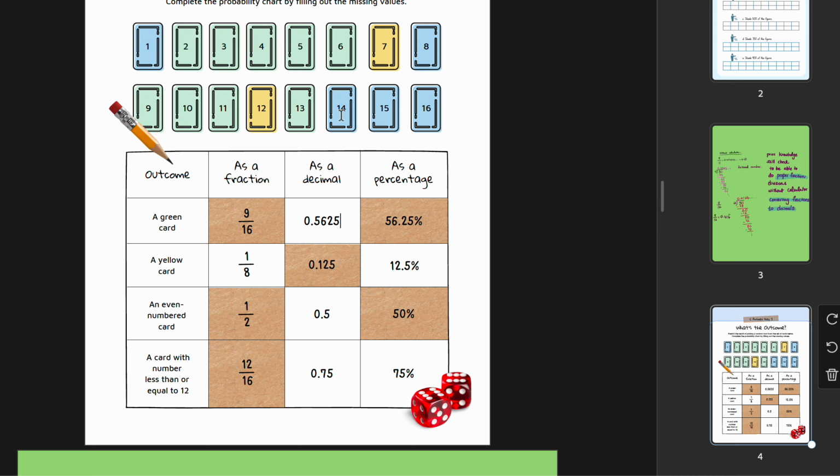So not 13, not 14, not 15, not 16. Okay, so if you divide this, you would get 0.75, and then again times it with 100. So I got to move the dot two numbers to the right, because 100 has two zeros. So that makes it 75%.